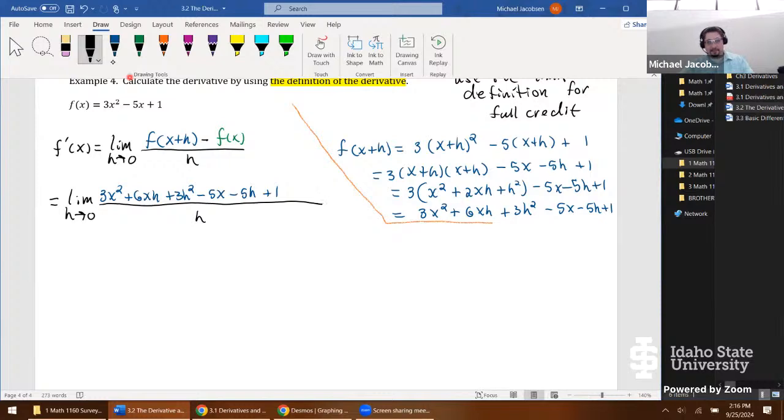And a slightly longer fraction bar. Minus goes in here. And then for f of x, let's put in a parenthesis just to remind ourselves to distribute. And then we're plugging in that original function, 3x squared minus 5x plus 1.